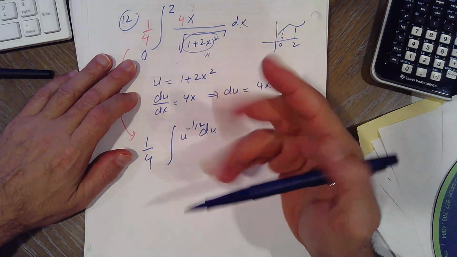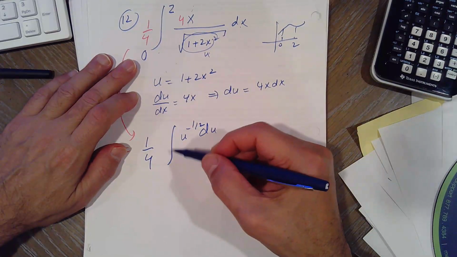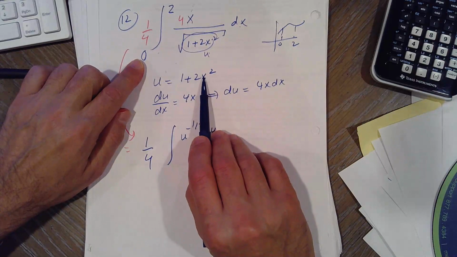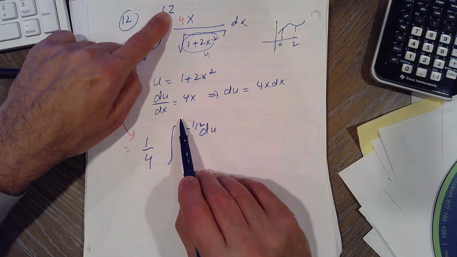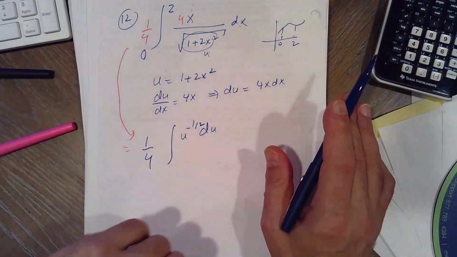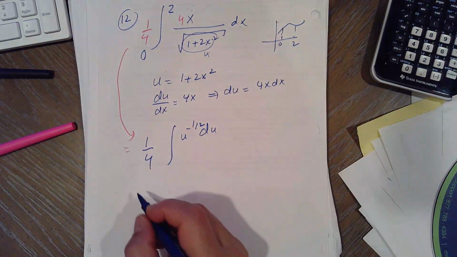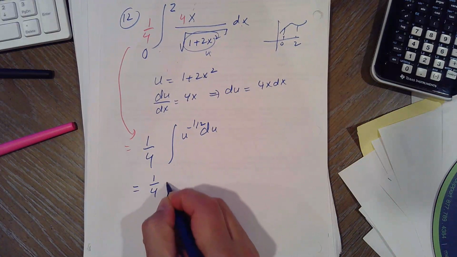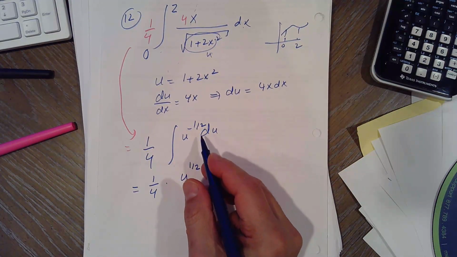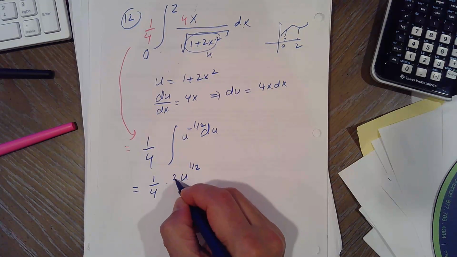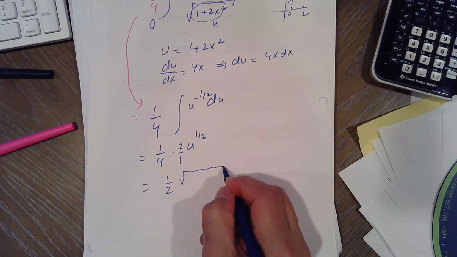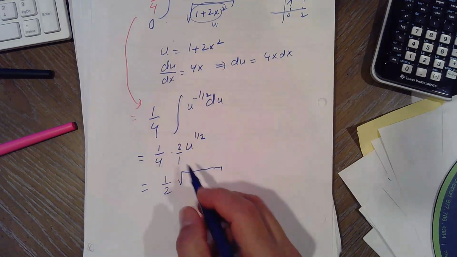You have two choices here. You plug in values of u, meaning for x equals 0, u is 1, and for x equals 2, u would be 9, and then you can plug them in. Or you leave it, and you bring them back when x is back, and that's what I usually like to do. So 1/4 u to the negative 1/2 is, you add 1, you get u to the 1/2 divided by 1/2, or times 2, so it's 1/2 square root of u, and u is 1 plus 2x squared.